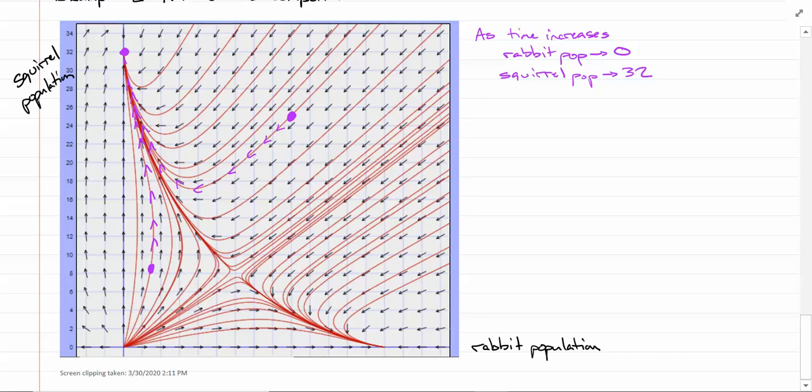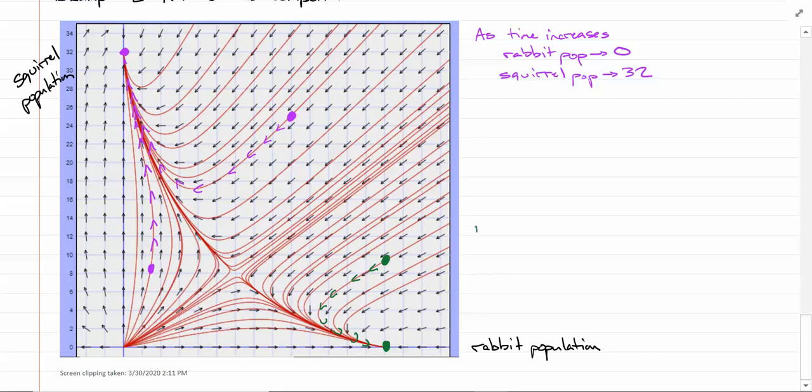But notice that there's other solution curves which behave differently. For example, if your initial conditions were this green point right here, what's happening? You follow the arrows. As time increases, we're approaching a different critical point, right? We're approaching this critical point, which is (28, 0).